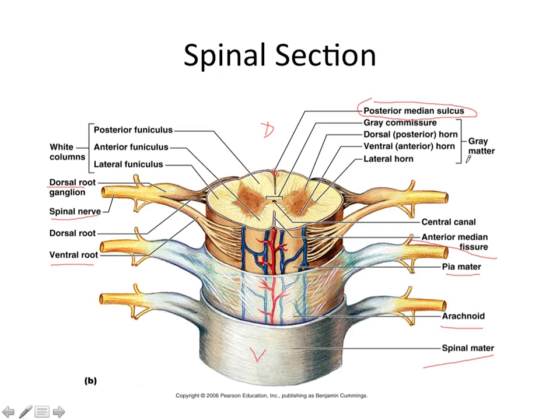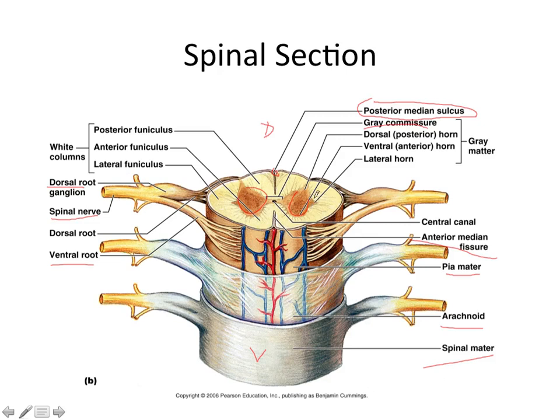We have two gray matters, and between them is the gray commissure. The gray commissure is made of nerve fibers that link the two gray matters, allowing them to communicate with each other.